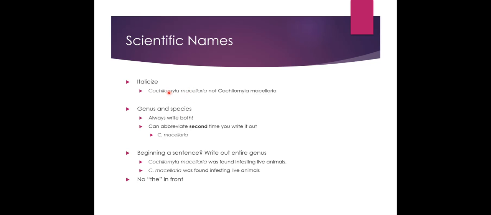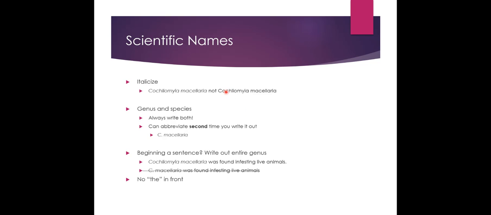This particular one is a fly, but there are other things that have the species Massellaria. So you can't just come out and say Massellaria and expect that everybody knows you're talking about the fly versus some other species. So you always need to put the genus with it, and you need to italicize it to communicate that this is a genus and a species.